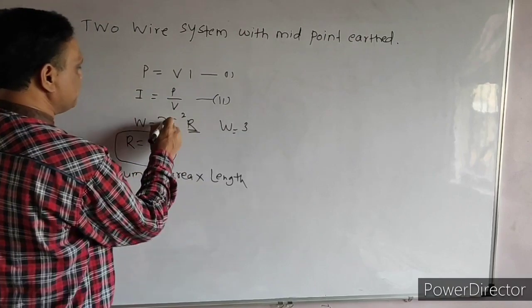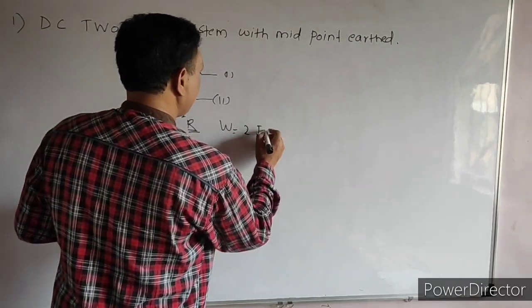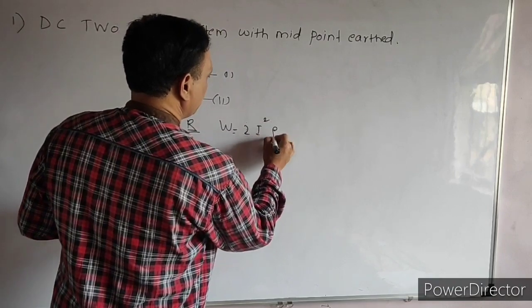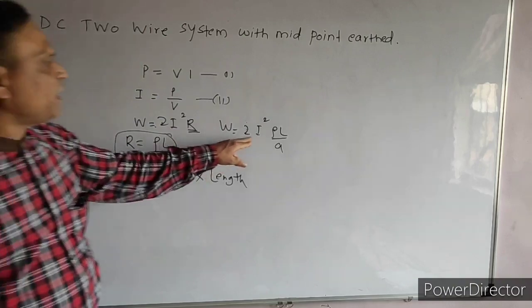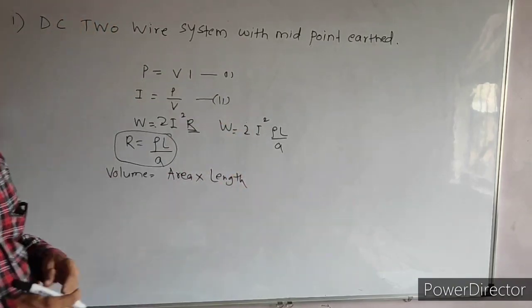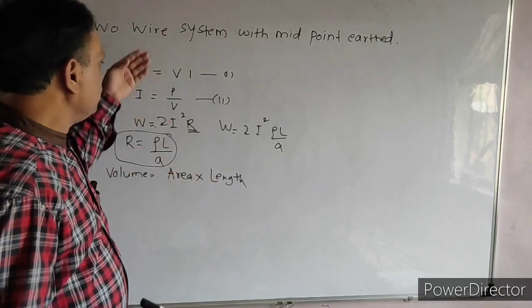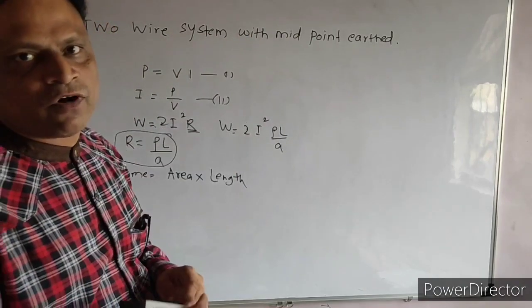Suppose it is two wire system with midpoint earth, then I will write 2 I square R will be rho L by A. Accordingly I will calculate the A. Further I will put the value of I as P upon 2 Vm, or whatever the system is. So these are the common steps we'll keep in the mind, and we'll derive the expressions for each system one by one.